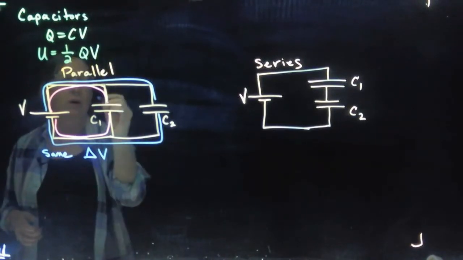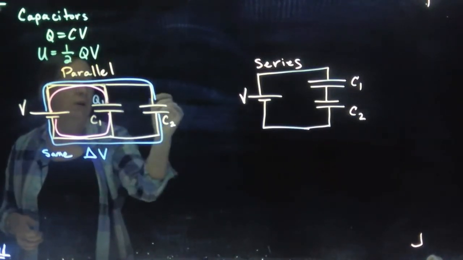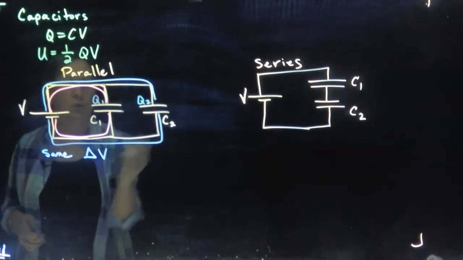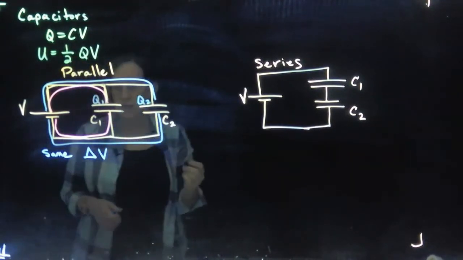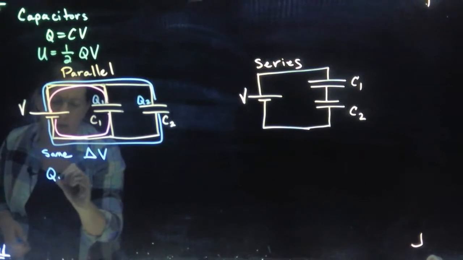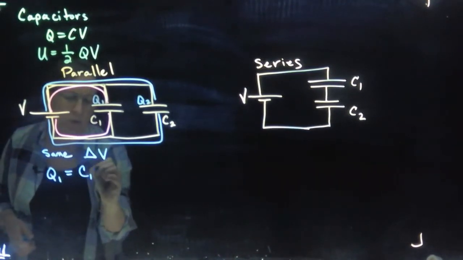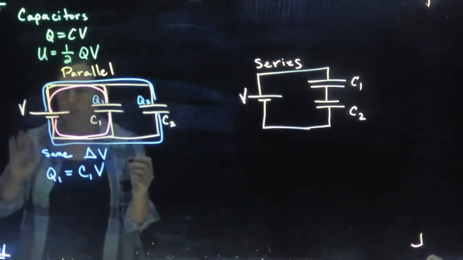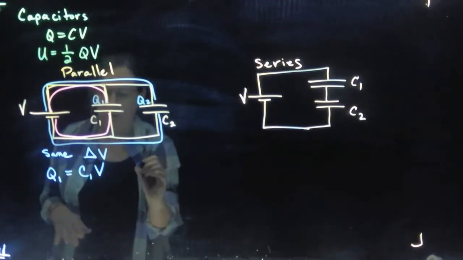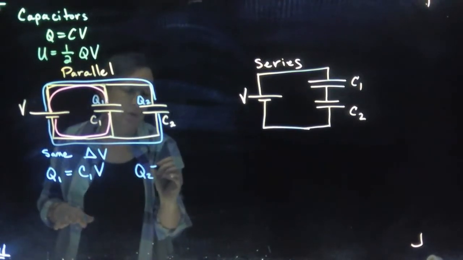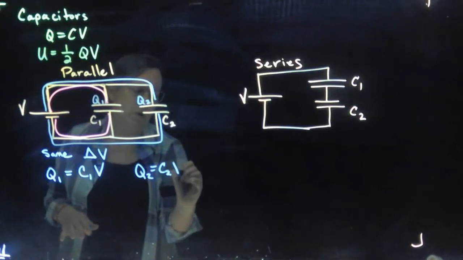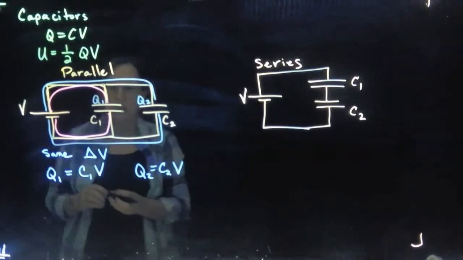So this I'm going to call Q1 and this I'm going to call Q2. And what I'm going to realize is that Q1 is equal to C1 times its voltage, but it's the original battery voltage, and Q2 is equal to C2 times the voltage, and the voltage is the same.